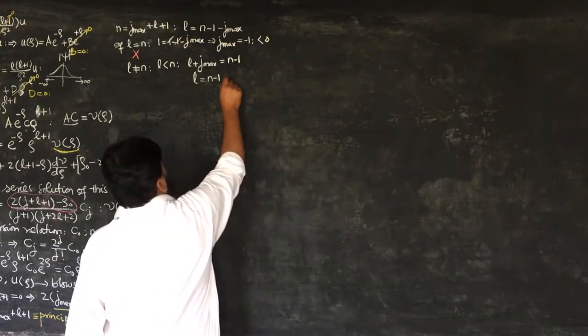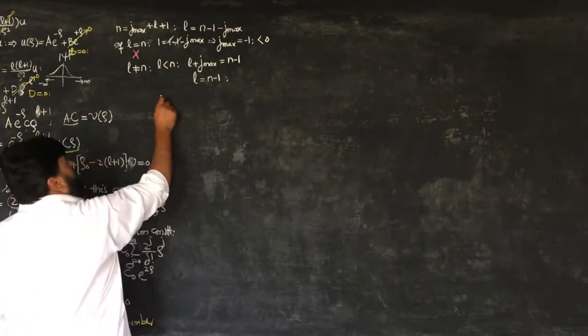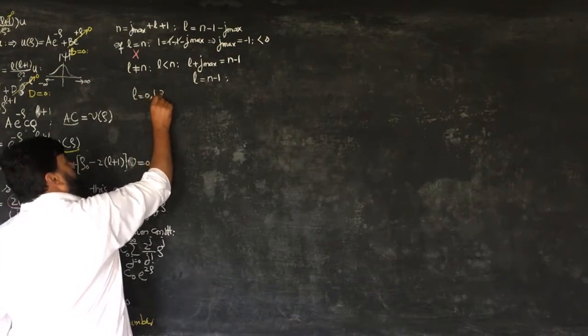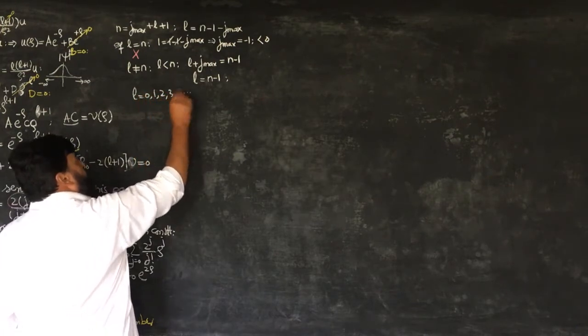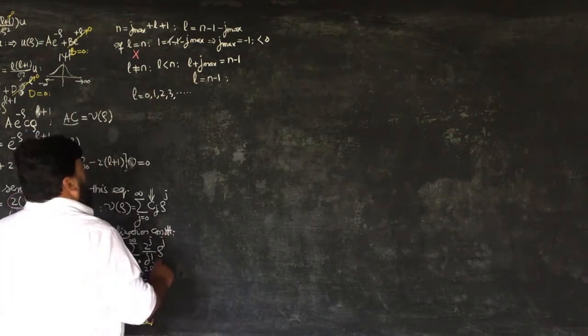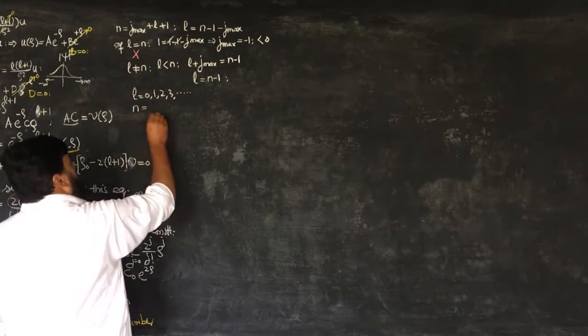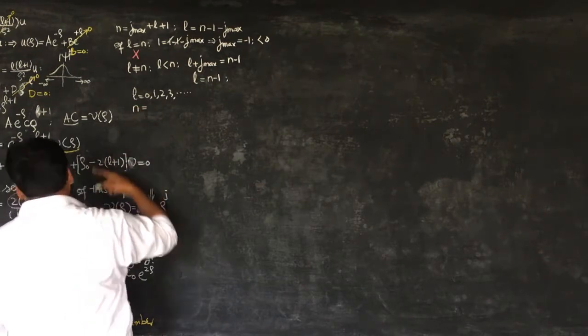So this means that, as we have proved earlier, L is a positive integer through our mathematics. And we came to know about N as well, that N is a number.